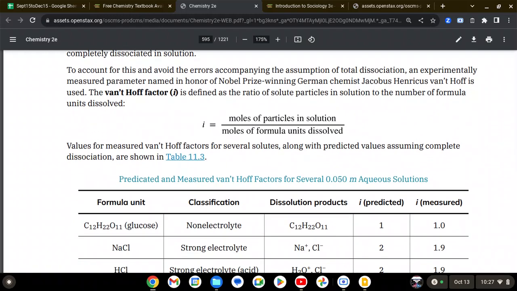To account for this and avoid the errors accompanying the assumption of total dissociation, an experimentally measured parameter named in honor of Nobel Prize-winning Dutch chemist Jacobus Henricus van 't Hoff is used. The van 't Hoff factor is defined as the ratio of solute particles in solution to the number of formula units dissolved. Values for the measured van 't Hoff factors for several solutes, along with predicted values assuming complete dissociation, are shown in Table 11.3.